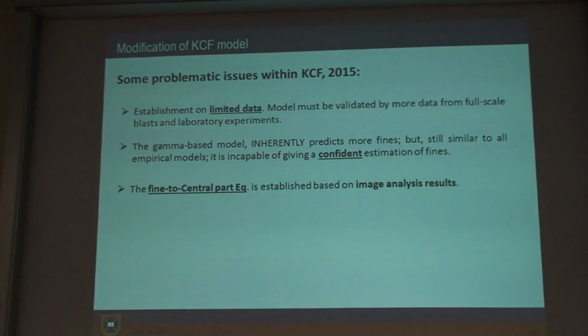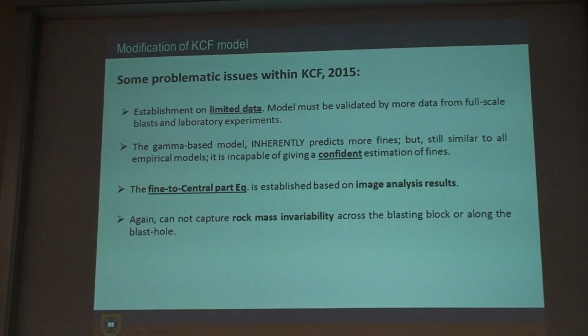Another problem is that the fines to central part equation is established based on image analysis results, and the image analysis technique and the split desktop is not a good option to measure the fines, and cannot be accepted as a reliable method to measure this part of materials.